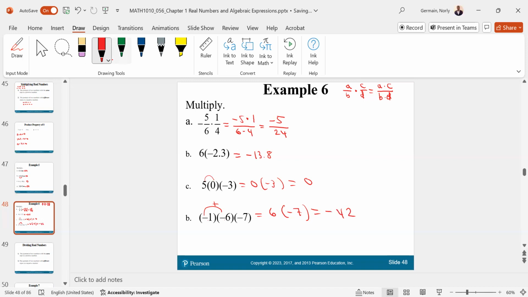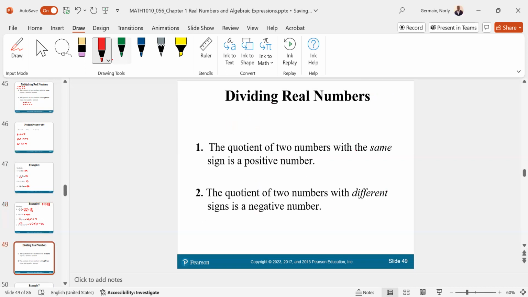When you have a fraction times another fraction, you multiply the numerators together and you multiply the denominators together. After that, you simplify. How about divisions? For divisions, the quotient of two numbers with the same sign is positive. It's the same rules as we do for multiplication.